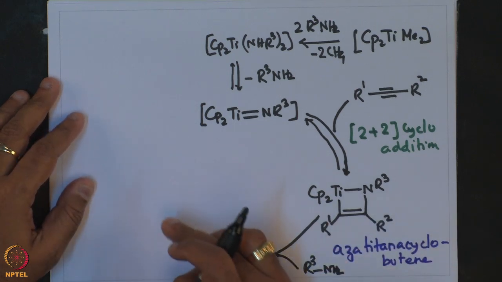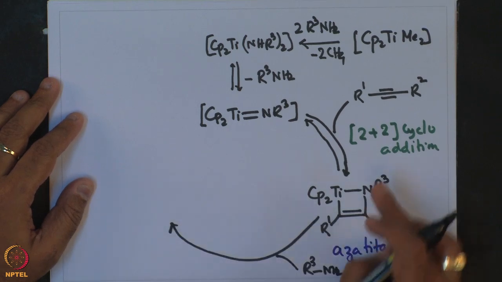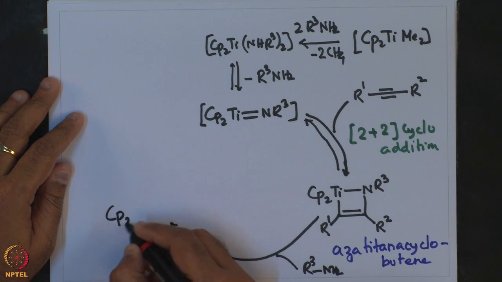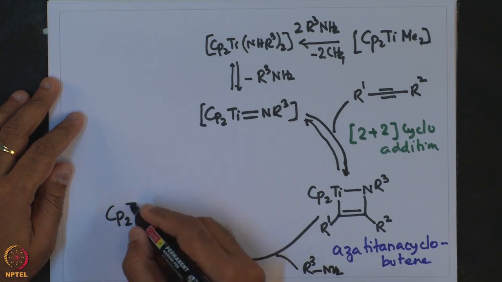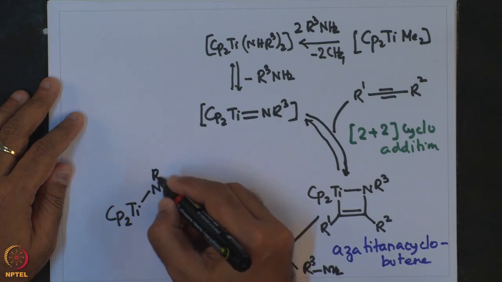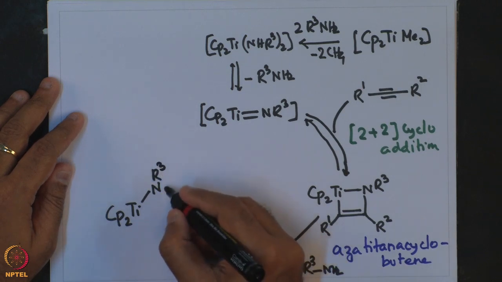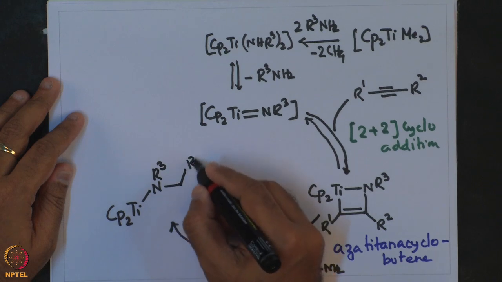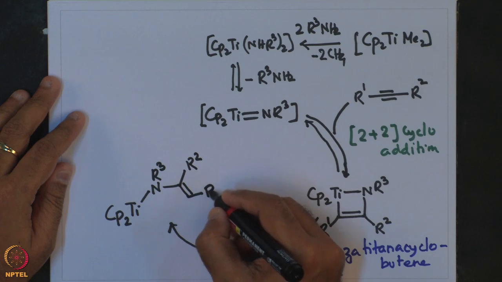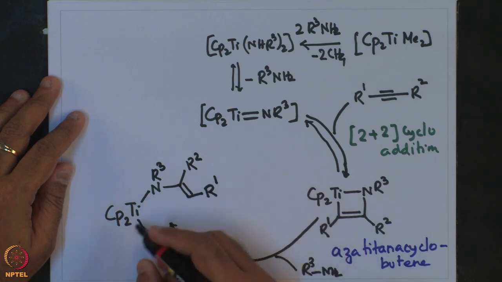The amine attacks, and then this cyclobutene ring opens up to give Cp2 titanium in R3 R2 double bond R1 NHR3.